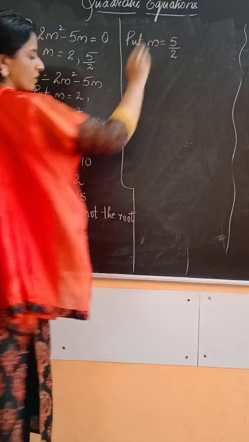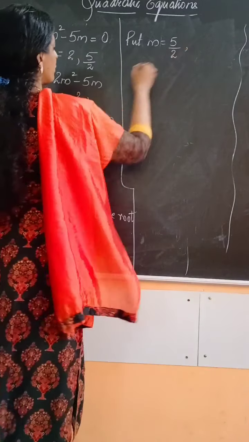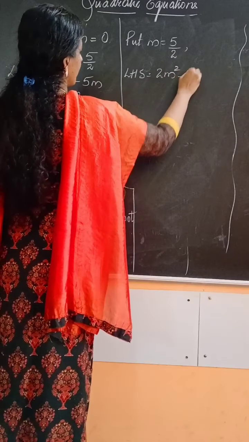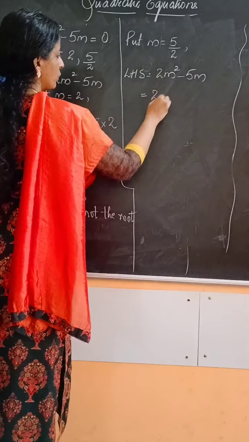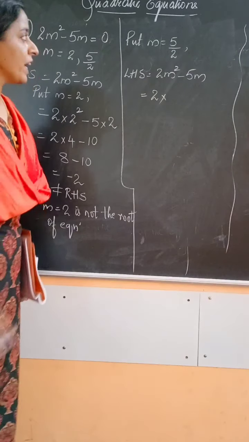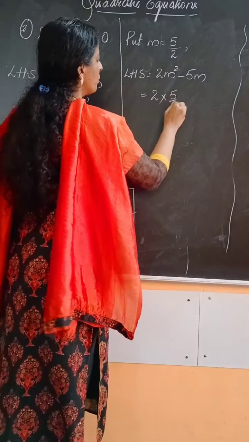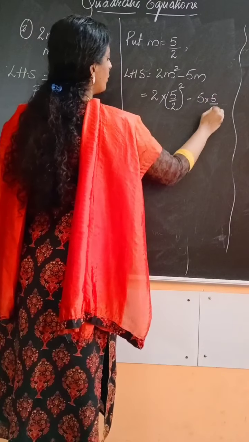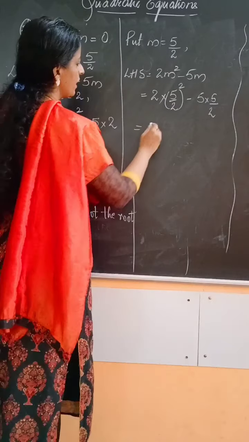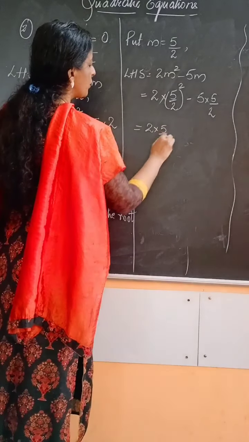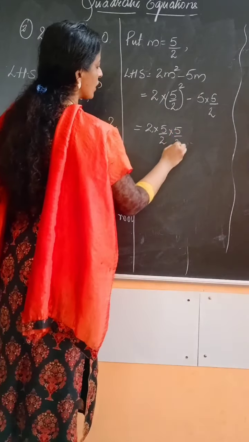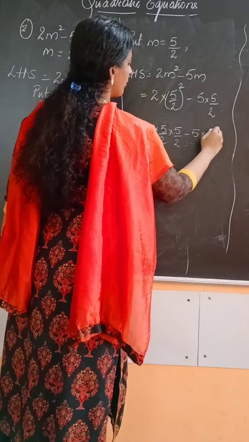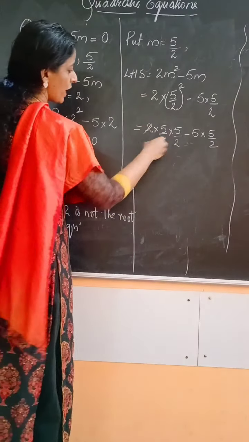Now 5 upon 2 and check. Put m is equal to 5 upon 2. LHS is 2m square minus 5m, which is 2 into 5 upon 2 the whole square, minus 5 into 5 upon 2. The 2 cancels.